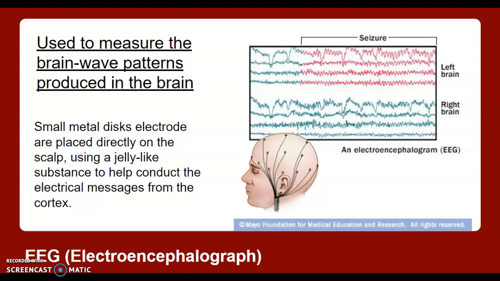If somebody has also had an accident and they're unconscious, they will do an EEG in order to see, is their brain still active? If there are no electrical impulses, unfortunately, then the patient is diagnosed as clinically brain dead.